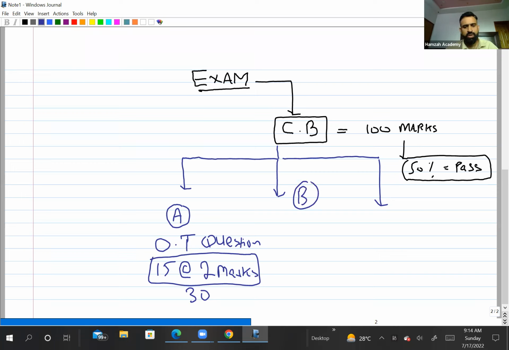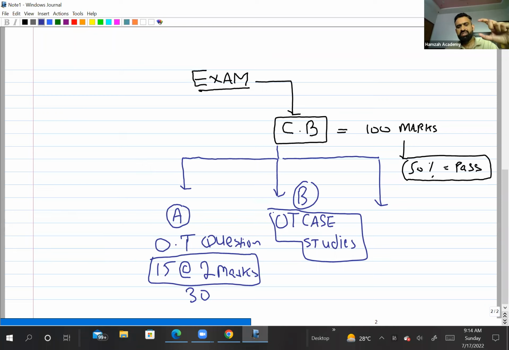Part B will be OT case studies. OT case studies are similar to OT questions, but there will be a small case study, and related to that case study we have 5 OT questions in each OT case study, and there will be 3 OT case studies in your exam.